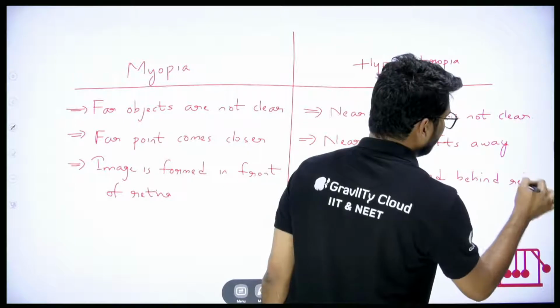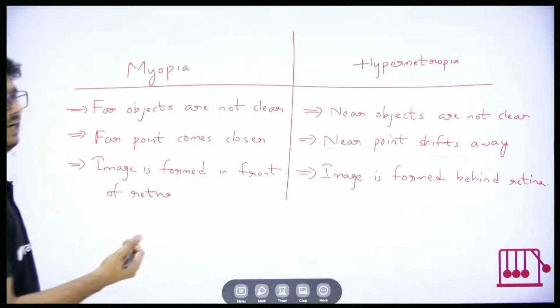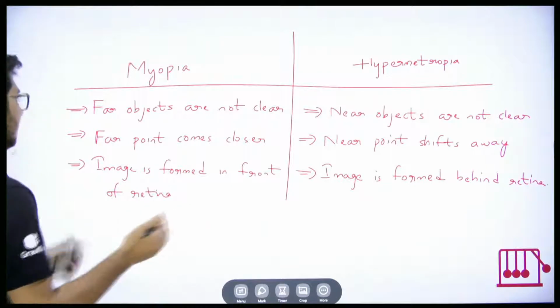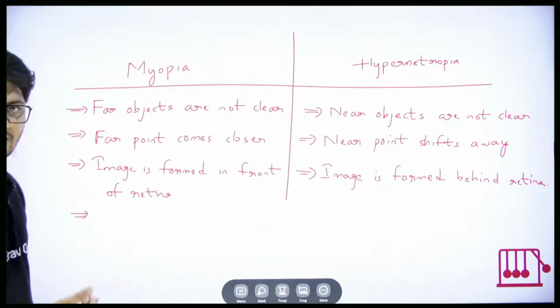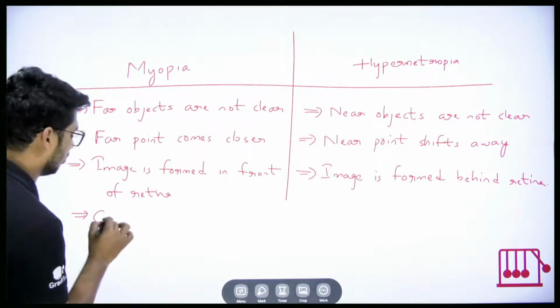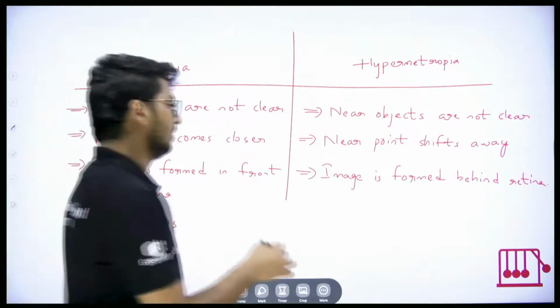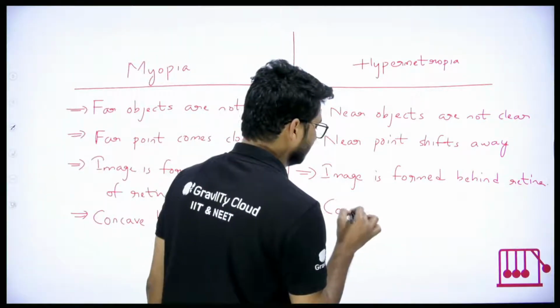So all of you should be able to remember these points accurately. Okay. And again, another point that we have, the corrective lens. For myopia, which corrective lens is used? Concave lens is used. Whereas for hypermetropia, convex lens is used.